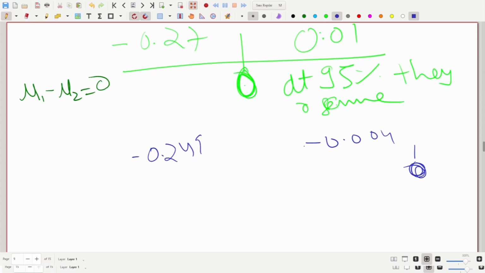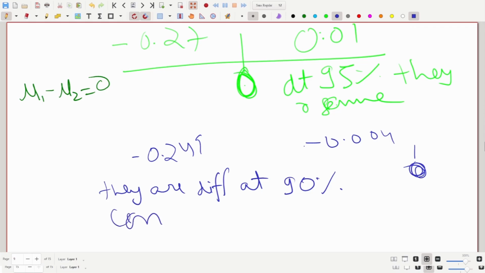Hence they are different at 90% confidence. As you can see, at one point we say they are same at 95%, and at another point we are saying they are different at 90%.